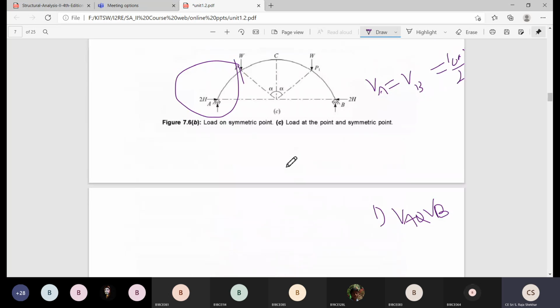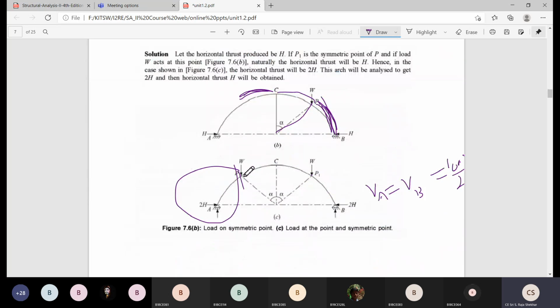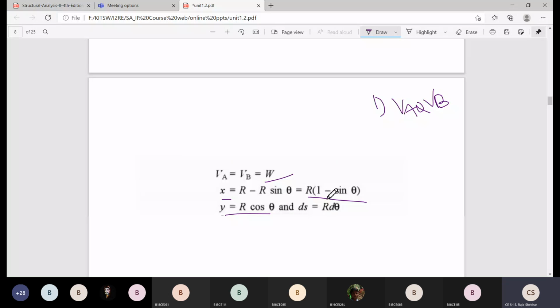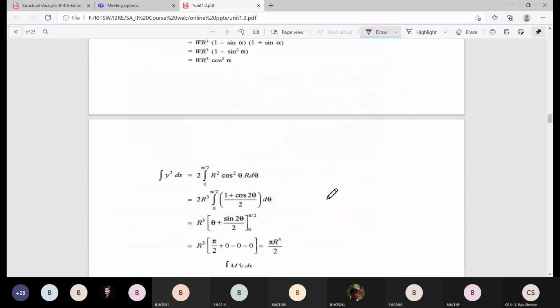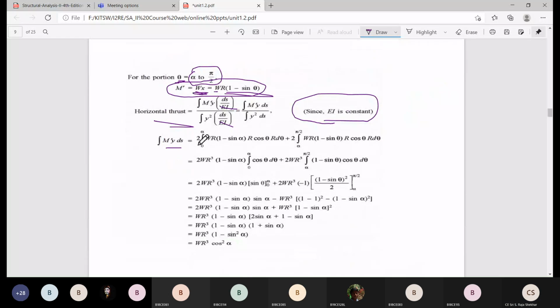Now the load occurs in two ranges: 0 to alpha, and alpha to 90 degrees. This is a symmetrical loading arch, so we consider 2 into the integral from 0 to alpha of M dash y ds, where y is equal to R cos theta and ds is equal to R d theta.